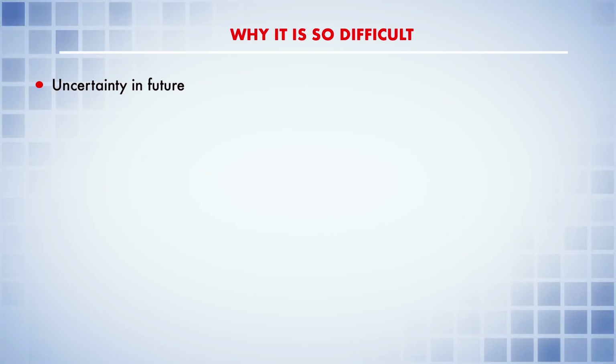Why is it so? If you think on this issue, you will find that the most important issue is the uncertainty in the future. Whatever you find suitable today, it is quite possible tomorrow it will not be suitable.